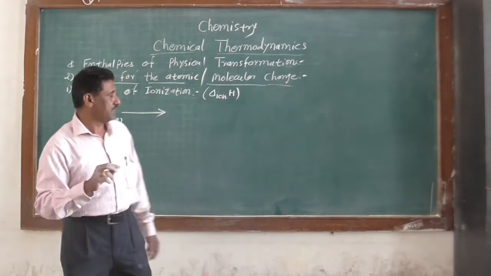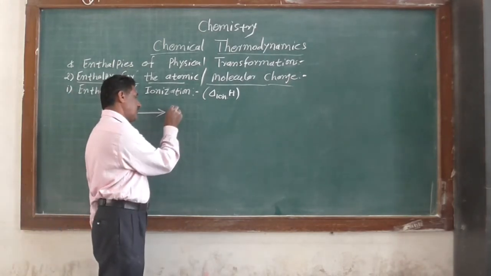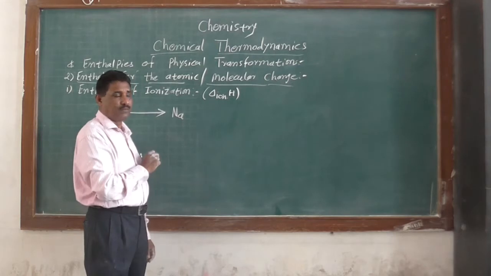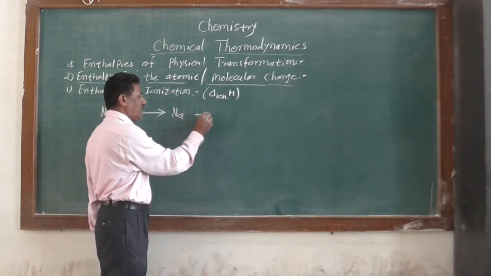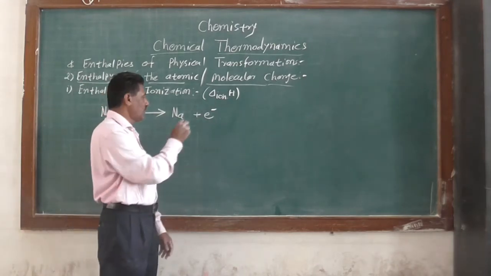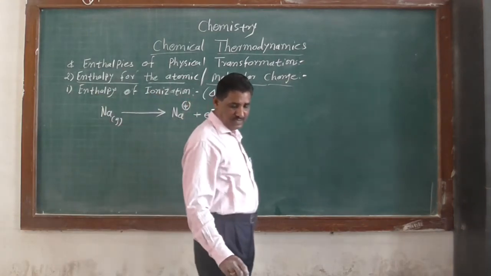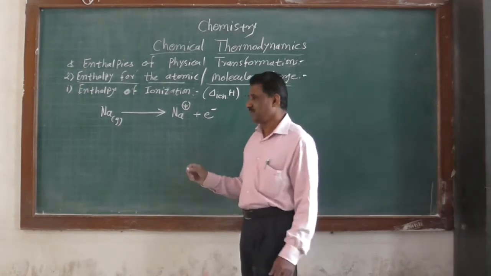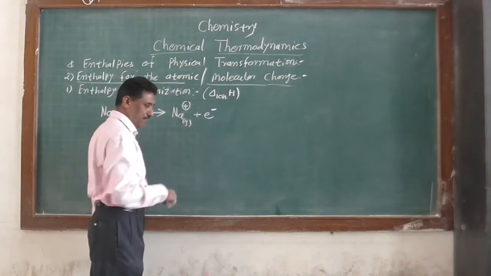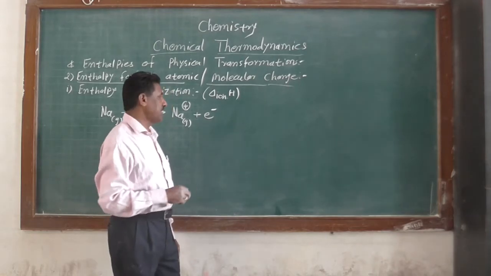Here is sodium in gaseous state. Here the sodium requires energy to remove one electron. One electron is removed from this gaseous sodium. That gaseous sodium is converted into its cation. And that time the change in enthalpy is called as enthalpy of ionization.